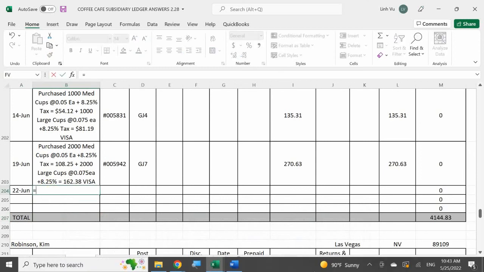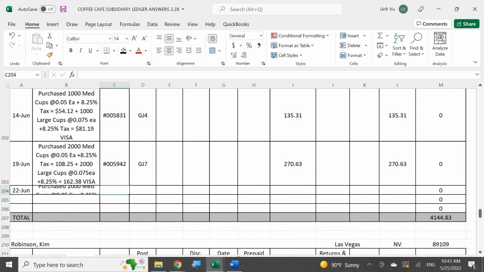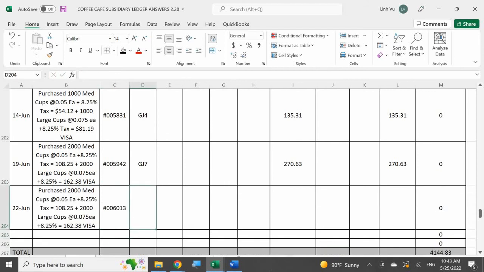I ended up purchasing 2,000 medium cups plus tax to give you 108.25. And I purchased 2,000 large cups plus tax to give you $162.38, and I paid with my Visa credit card, and my receipt number is 006013. General Journal, page 11.